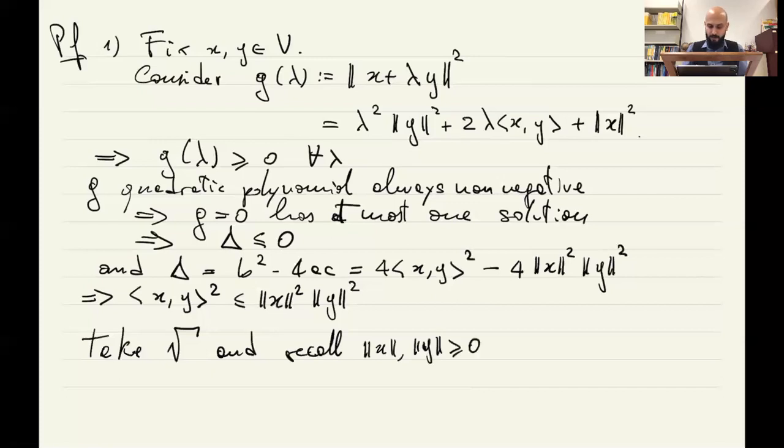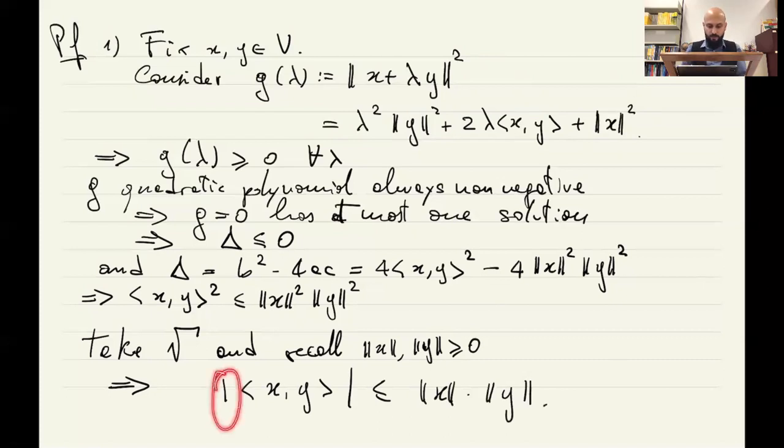So what we get is that actually the absolute value of the scalar product of x and y is less or equal than norm of x times norm of y. It might look stronger than the Cauchy inequality, but of course, once you bound without the absolute value, just changing x to minus x will give you the bound for the absolute value of the scalar product. So the Cauchy-Schwarz inequality is proved.